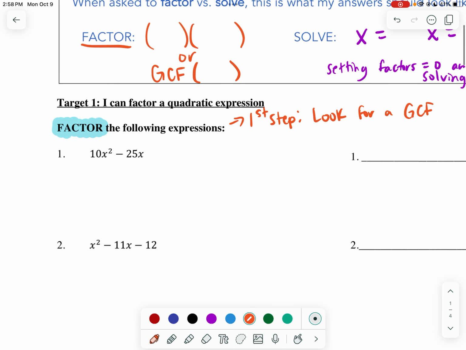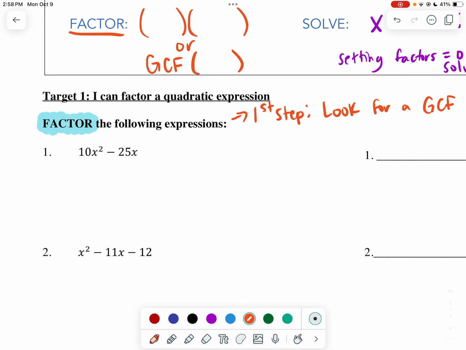So number 1, 10x squared minus 25x. I can divide both of these by 5. That's the biggest number that goes into both, but I can also take out an x from both terms. So I'm going to divide by 5x. I take that out first, and then I figure out what goes in the parentheses to get me back over here.